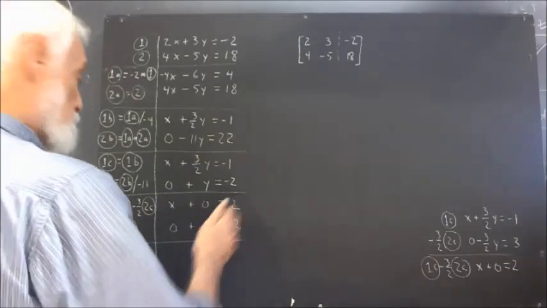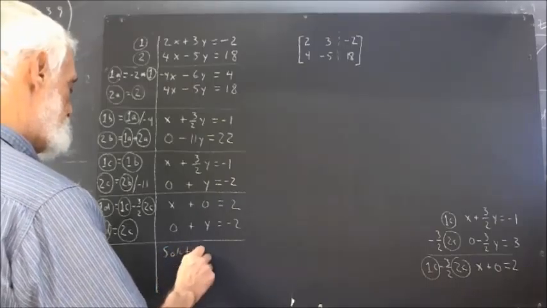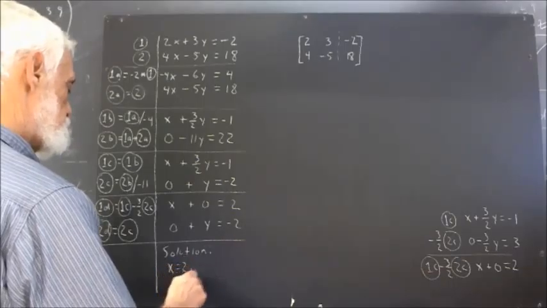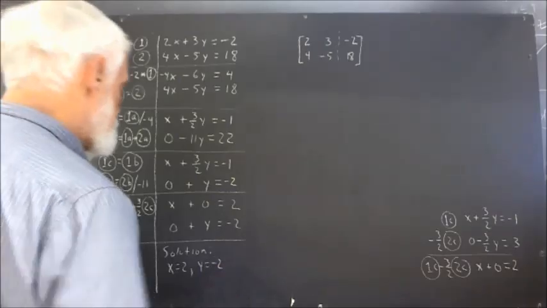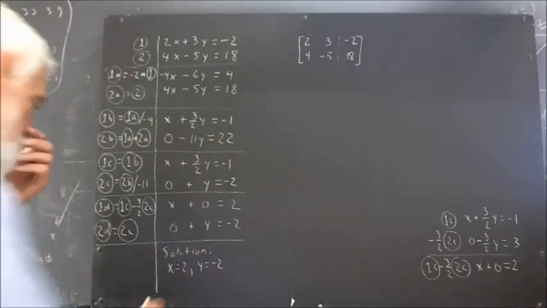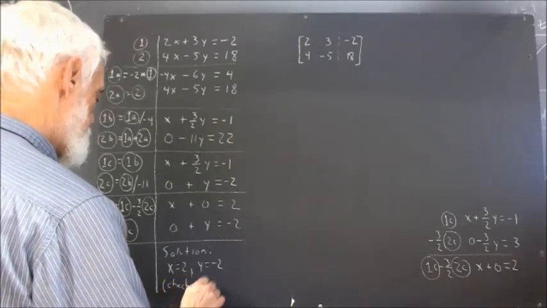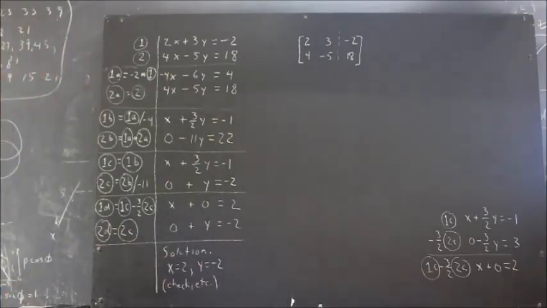Because x plus 0, of course, is 2. And 0 plus y is just y, so y equals negative 2. x equals 2, y equals negative 2. Now we can check, and do whatever else we need to do with this solution.